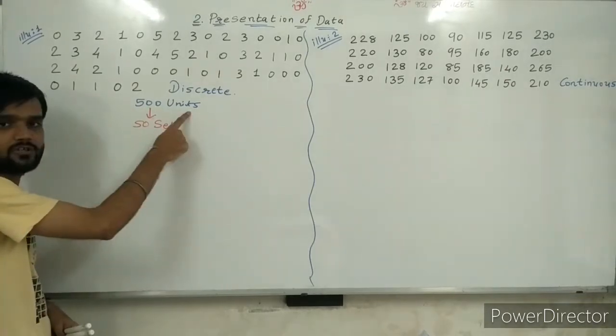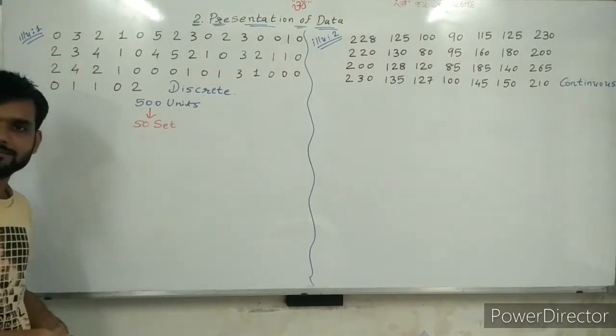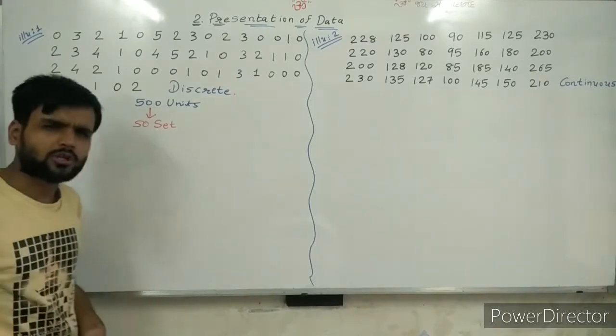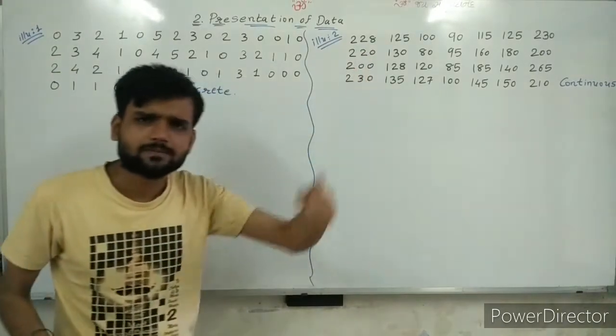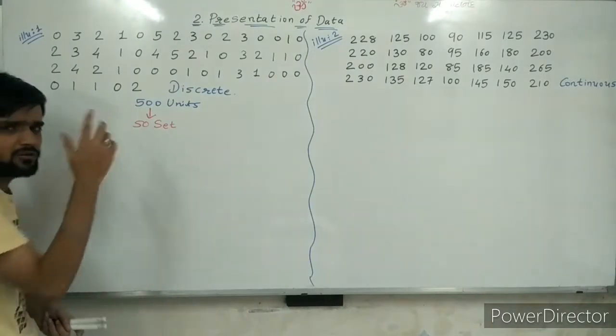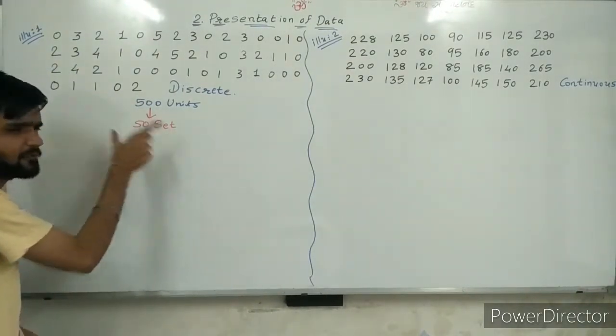So recall chapter number 1: what is 500 and what is 50?